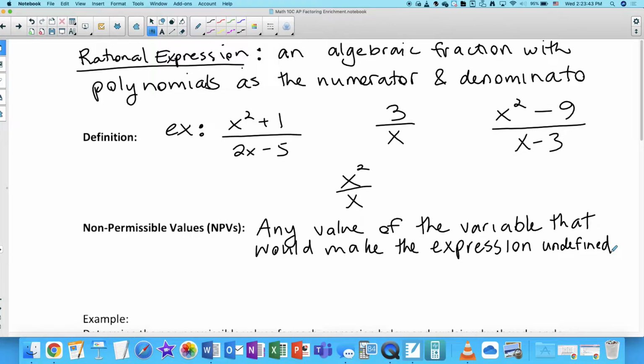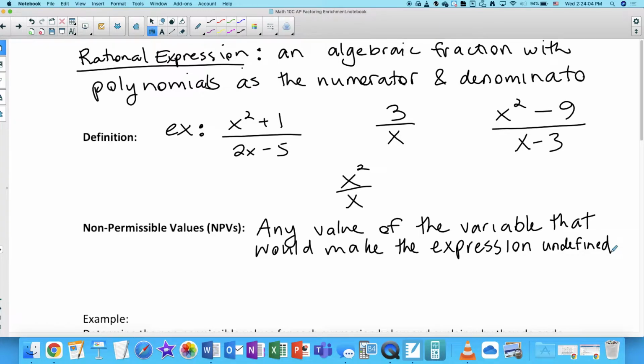Now, when you're thinking about a fraction, those are division. We just talked about this. What can we not divide by? 0. Right. So the non-permissible values are whatever x value is going to make the denominator 0, because when we divide by 0, we have an undefined number.